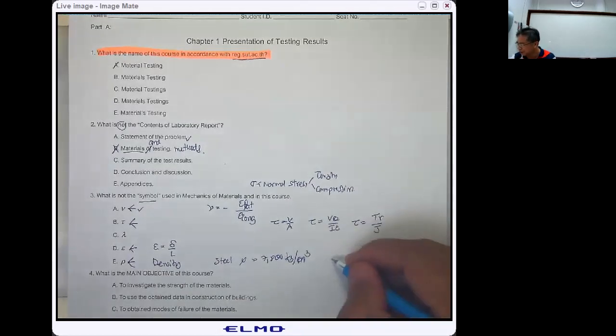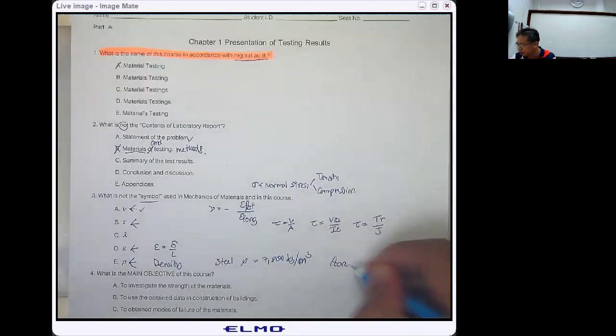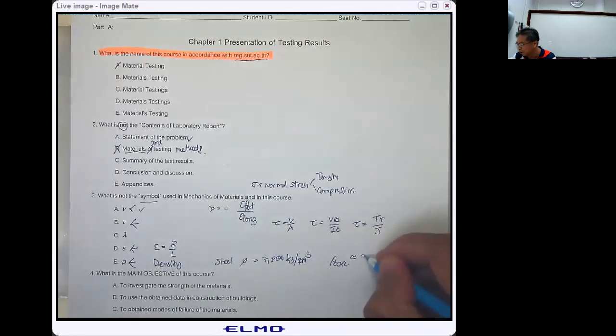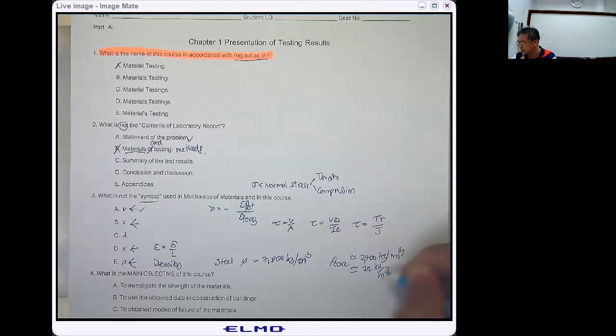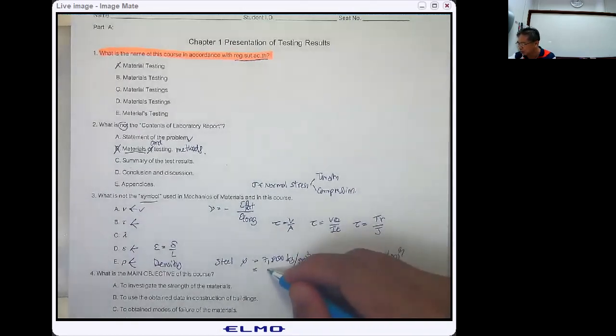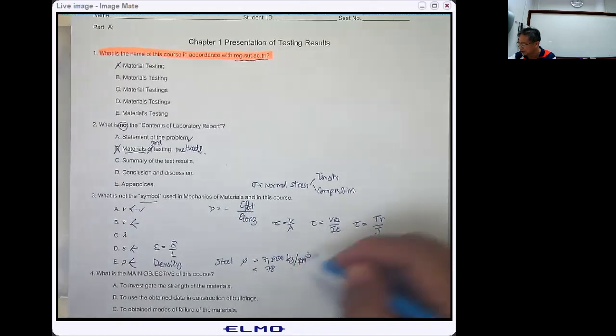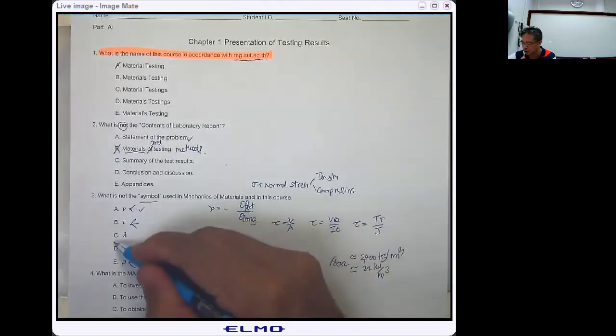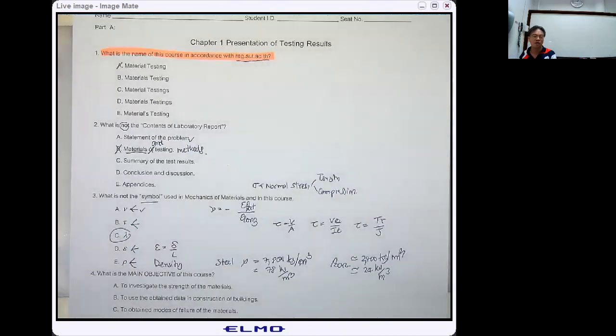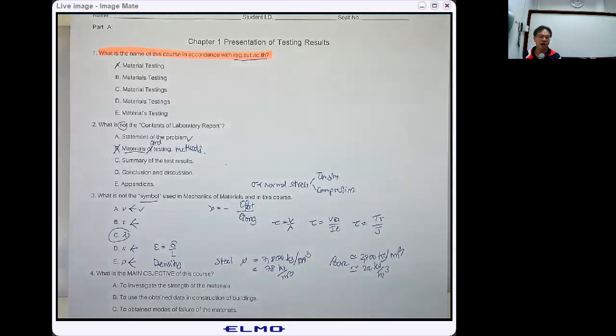And if you are talking about the density of concrete, that is going to be approximately 2,400 kilogram per cubic meter, or 24 kilonewton per cubic meter. Or this one is going to be about 78 kilonewton per cubic meter. And then you know that this is not the symbol we use for the mechanics of materials.